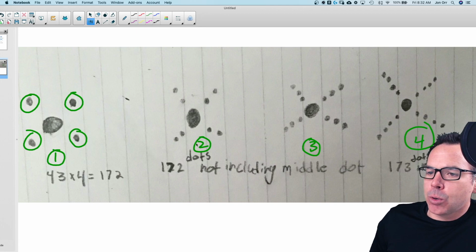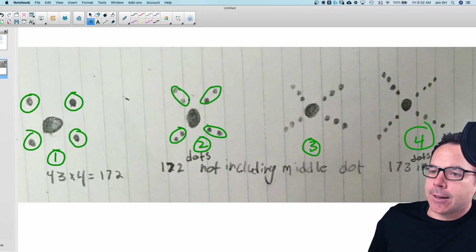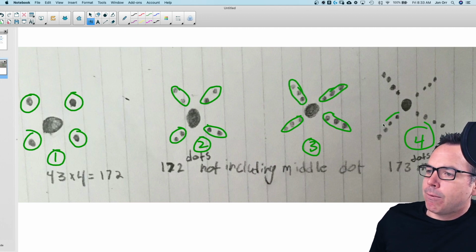And on step 2, n is 2, there's 2 in each stem, and there's 4 of those. And then on step 3, any step would be step 3, we've got 3 in each stem. There's 4 of those. And on step 4, there's 4 in each stem, and there's 4 of those.